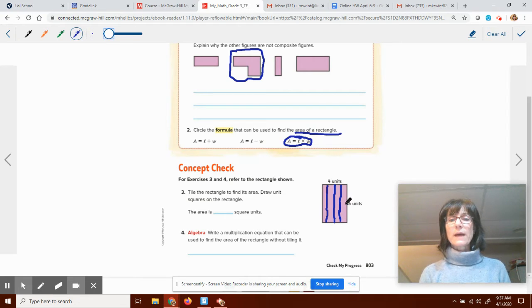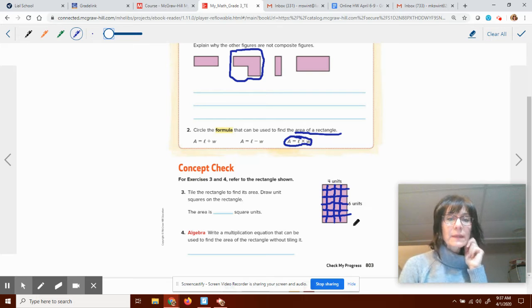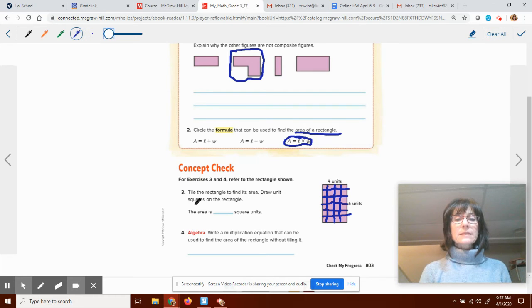I always like to divide things in half first, and then I know, okay, over here I'm going to have to make this 3, and there I've got my 3, 1, 2, 3, and then I may have to make this into 3 sections. So there's my tiling. Then they ask the question, the area is.